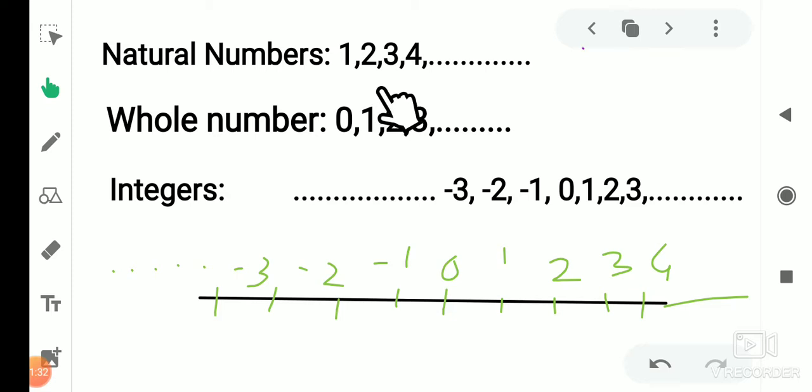We can start counting anything from 1. We can say here's a 1 pen, or a 1 pencil, or a 1 ball, but we don't say here's a 0 pen, or a 0 ball, or a 0 mango, right?